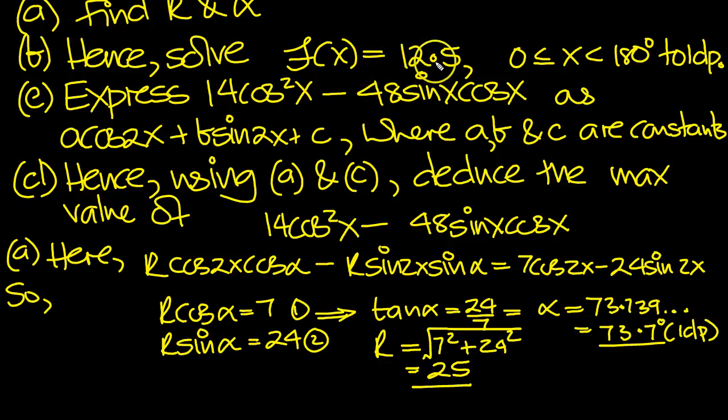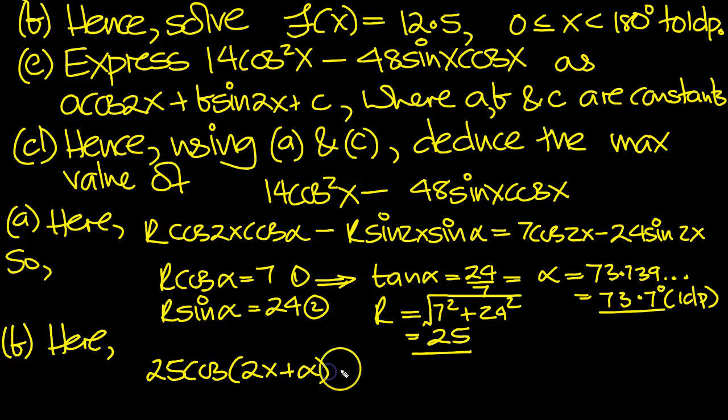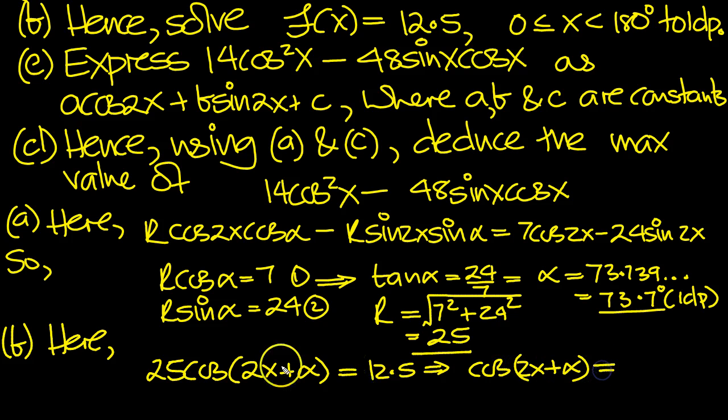So hence solve f of x equals 12.5 for x between 0 and 180. Okay, we can replace f by this, 25 cosine of 2x plus the alpha value, equal to 12.5. That tells us cosine of 2x plus the alpha value equals, moving the 25 from times to divide, 12.5 over 25, which is a half.